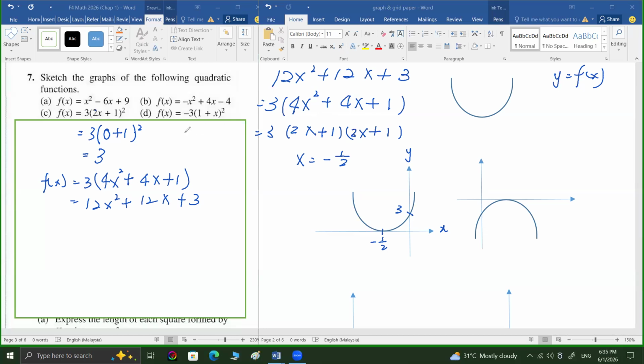Okay, class, see this? Can you see the 2x plus 1 repeats 2 times, right? So I can write it as a square, is it? That's why, see the question I gave? There's no need for you to expand, then refactorize back to the same.